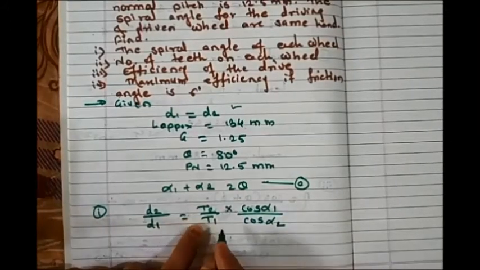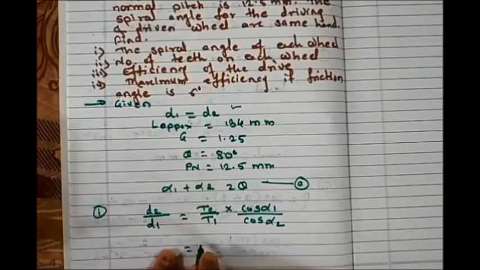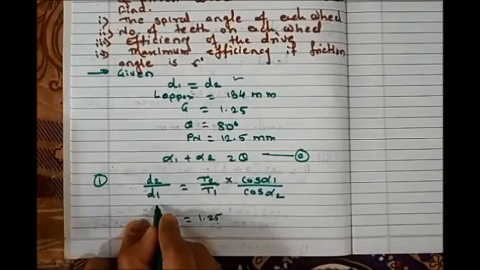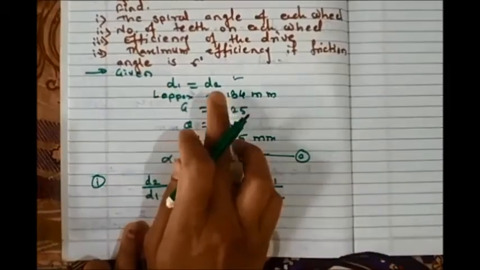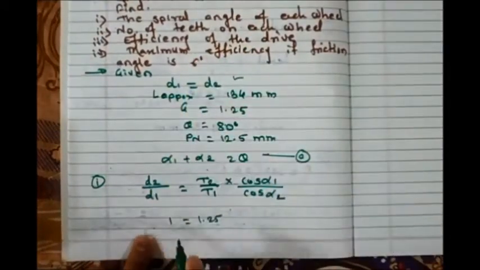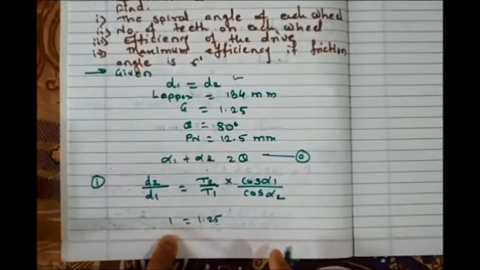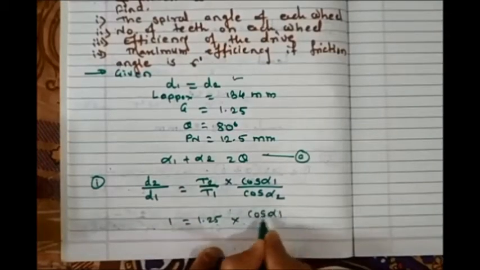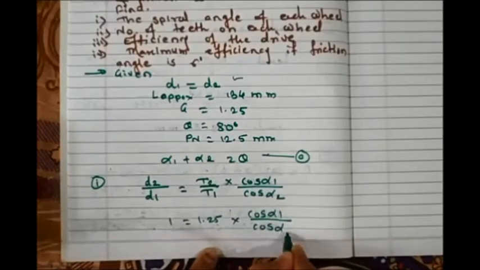Now this T2 upon T1 is nothing but the gear ratio, so it is equal to 1.25. D1 and D2 are equal, already mentioned in the statement, so D2 upon D1 is 1, equal to 1.25 into cos alpha 1 divided by cos alpha 2.